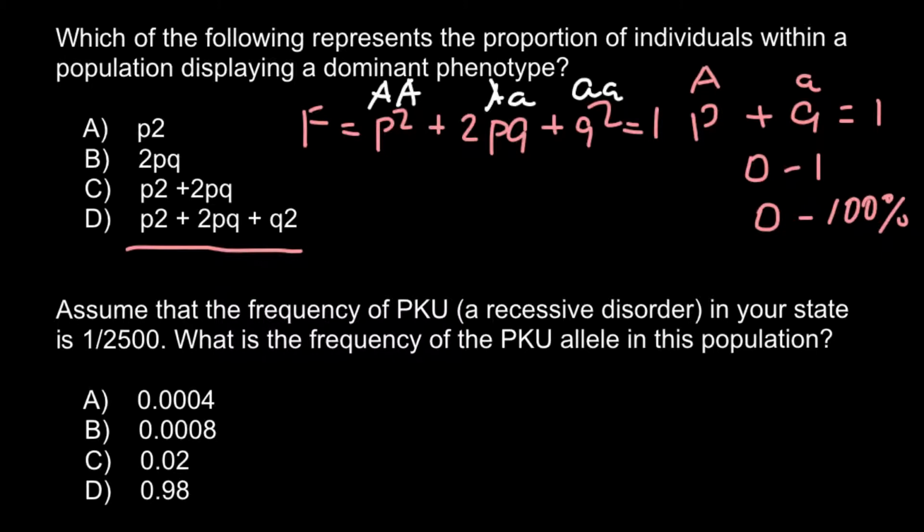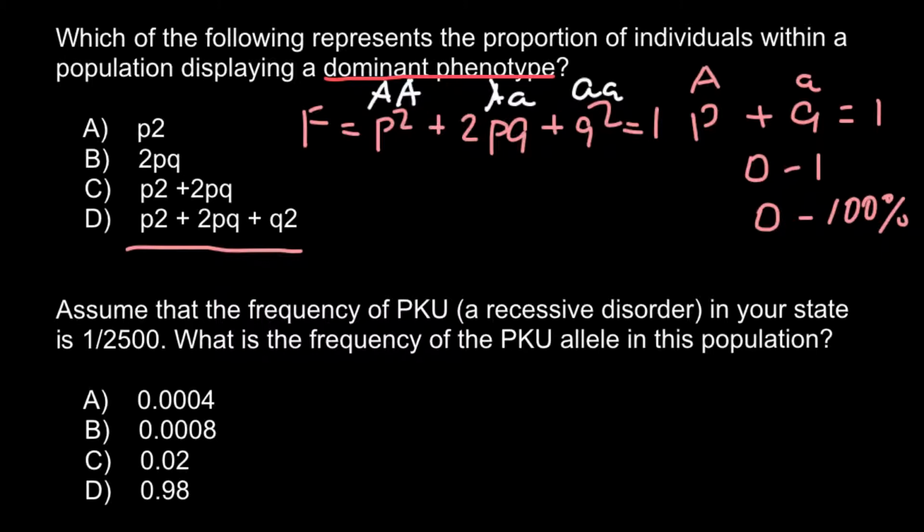So now let's return to our question: which of the following represents the proportion of individuals within a population displaying the dominant phenotype. I want to underline that we are looking here for the dominant phenotype.